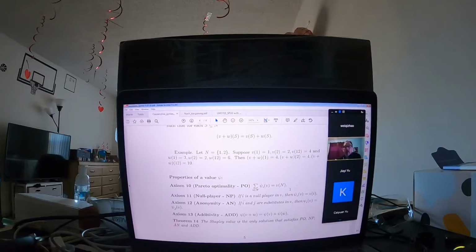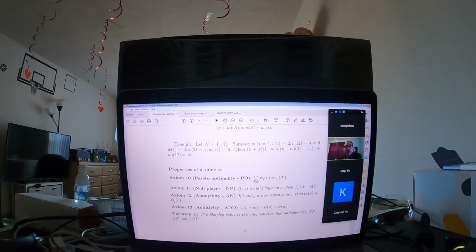This is an arbitrary value psi, and we're writing these out as generic properties, not referring to any particular solution, but for any value, these would be desirable properties, and that's why we use a general notation for a value. So one desirable property is that it does apportion the whole pie, which we refer to as Pareto optimality or efficiency: nothing is left over, and it's also a feasible division.